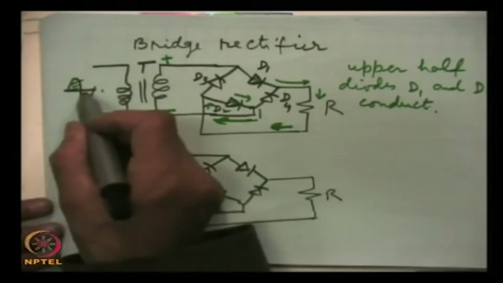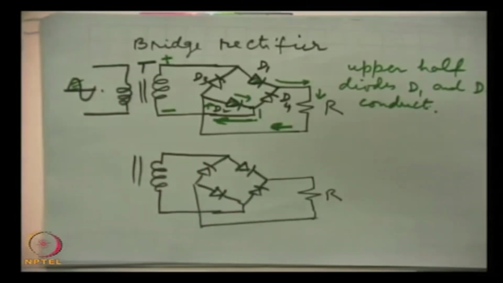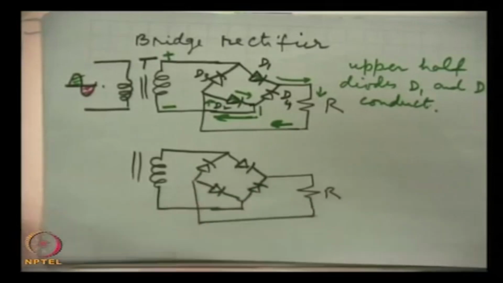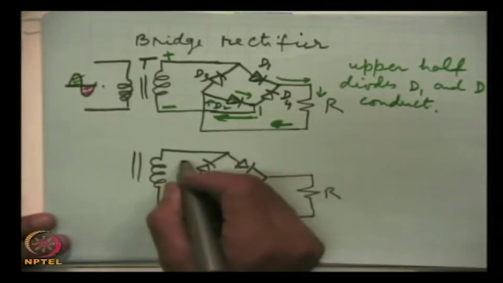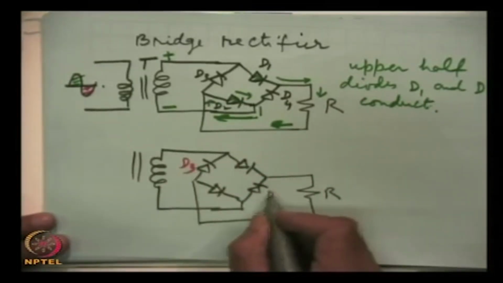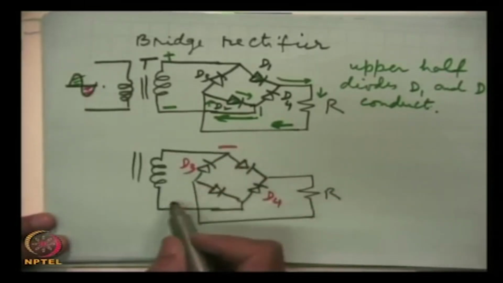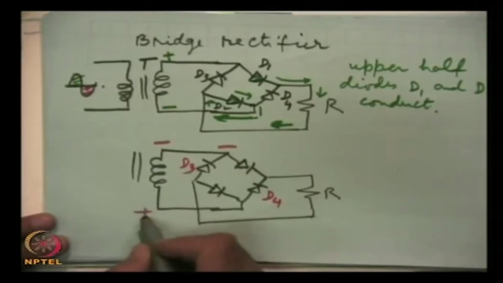Now for this lower half, diodes D3 and D4 will conduct. This is now minus and this is minus, this is plus.